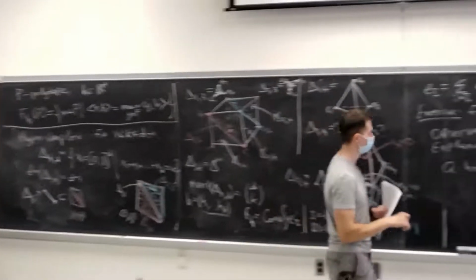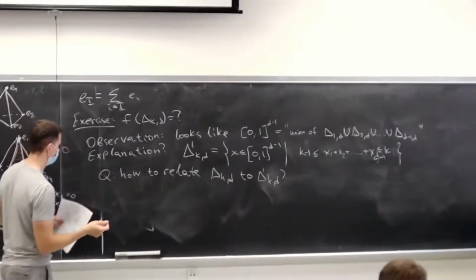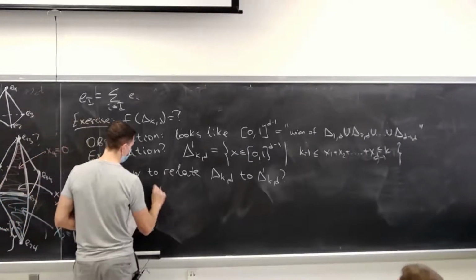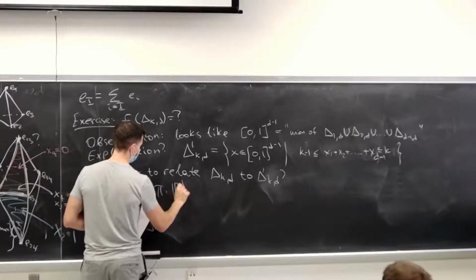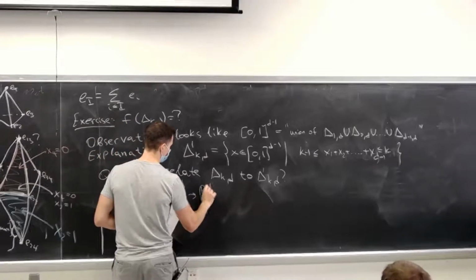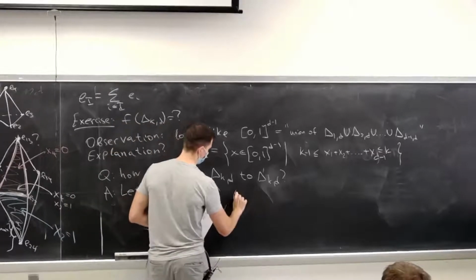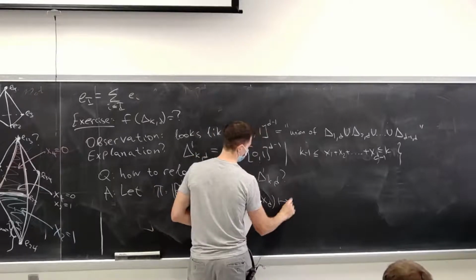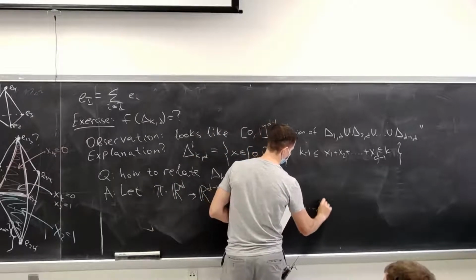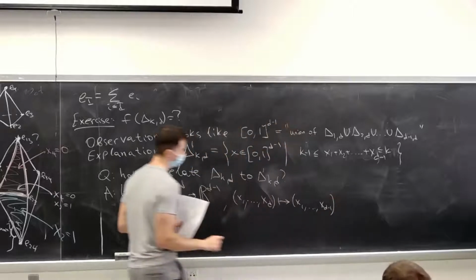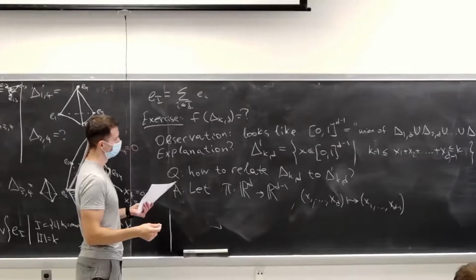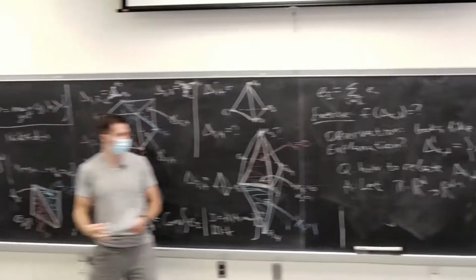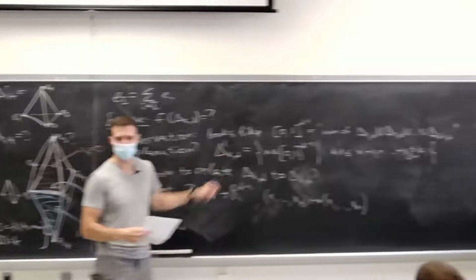So if we just project, let pi be a projection from R^d to R^(d-1), taking x1, etc., xd to x1, etc., xd minus 1, then it's pretty clear that it takes this delta kd sort of isomorphically to this delta prime kd.